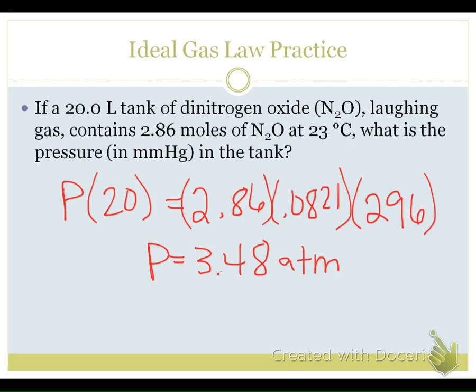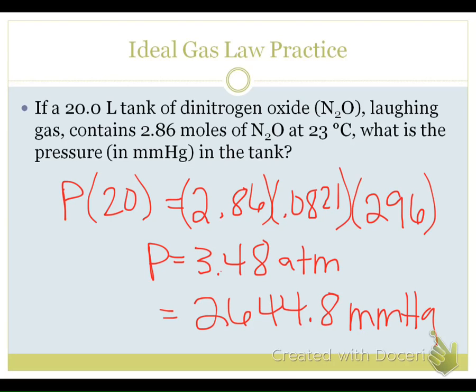This is about what we got for atmospheres, 3.48. Then to go from atmospheres to millimeters of mercury, we're going to multiply it by 760, which equals about 2644.8, somewhere in that ballpark.